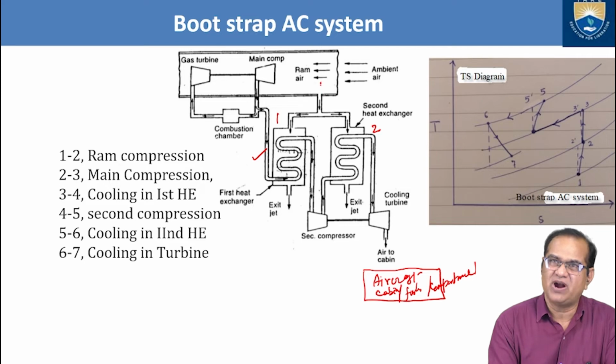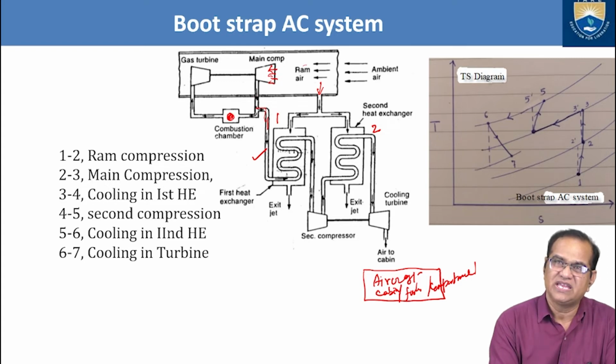Some part of this ram air is taken here. This air is still cooler than the air which is supplied by the main compressor. This air from the ram is entering the main compressor. In the last few stages, some part of the air is trapped inside and some part goes for combustion.